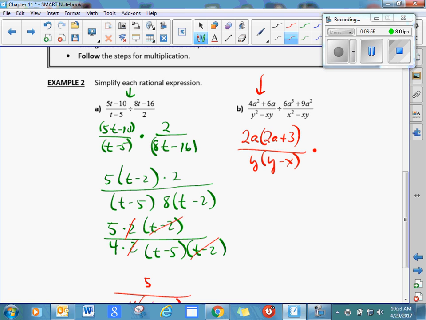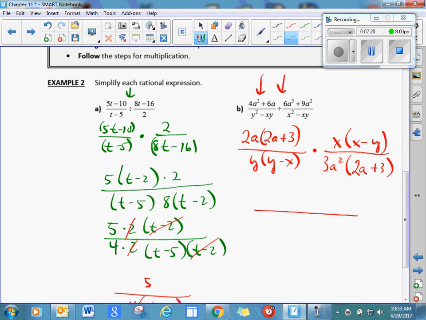I'm going to make this a multiplication problem. Now, in the numerator, I have x squared minus xy, and I can factor out an x. And in the new denominator, I can factor out a 3a squared. So I have left 2a plus 3.